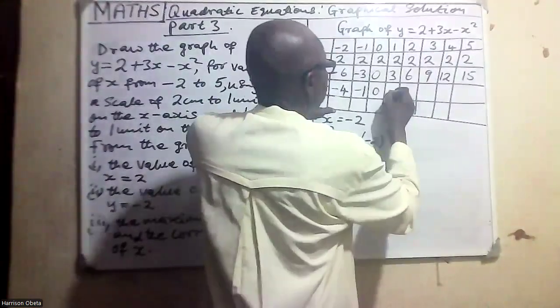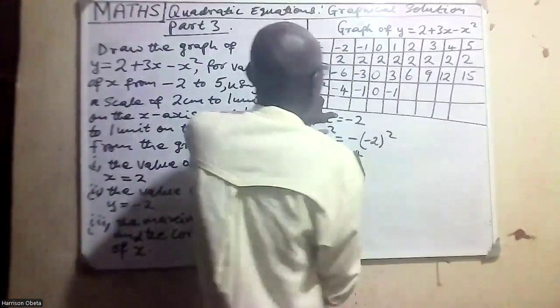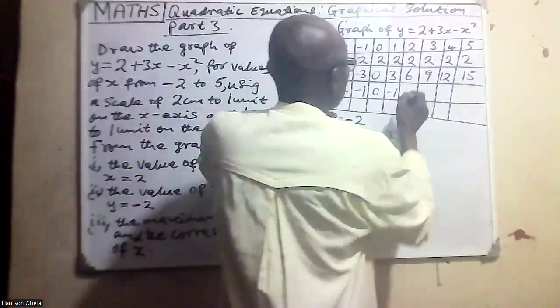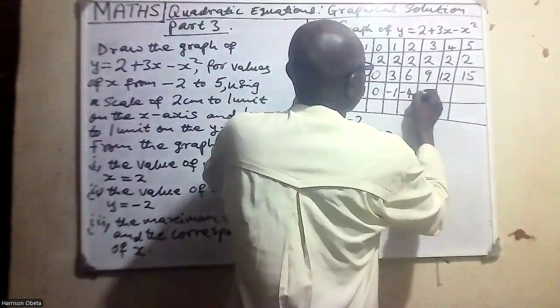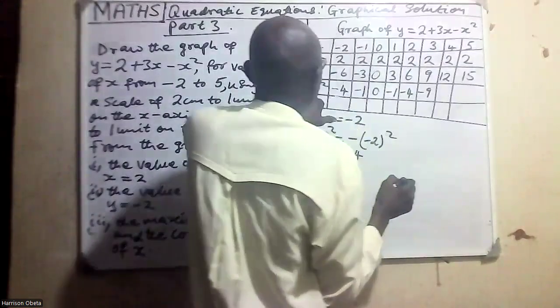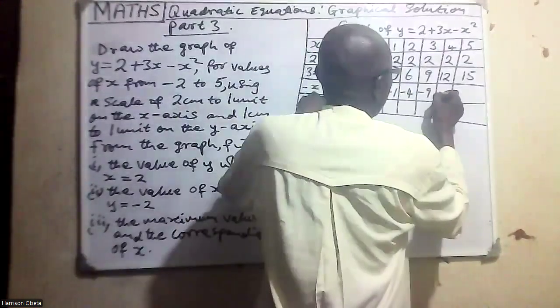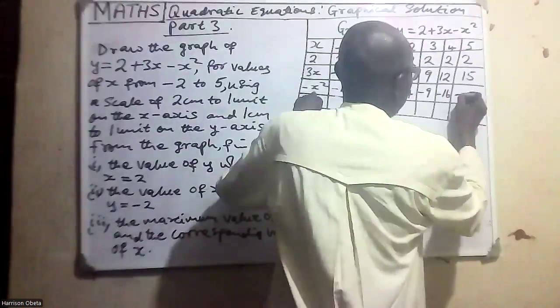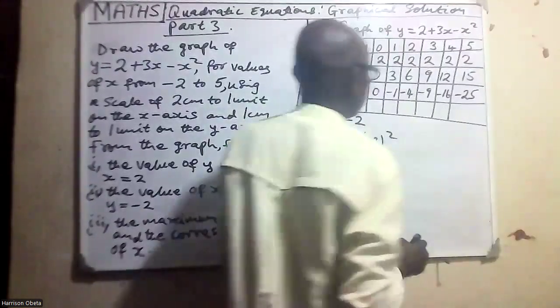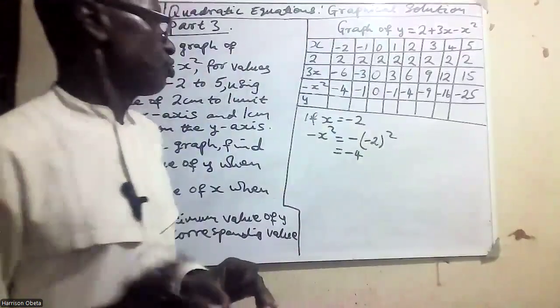Put 1 here, it is minus 1. 2, minus 4. 3, minus 9. 4, minus 16. 5, minus 25. Please don't be confused.